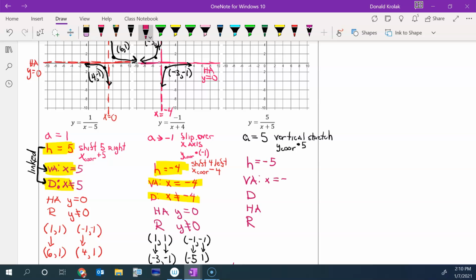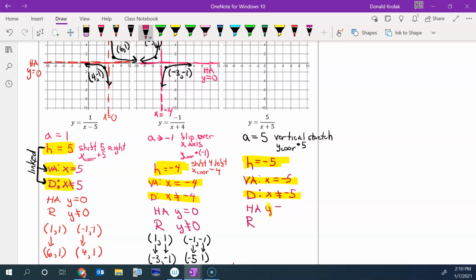So that's -5. And this can't be -5. Whoops.